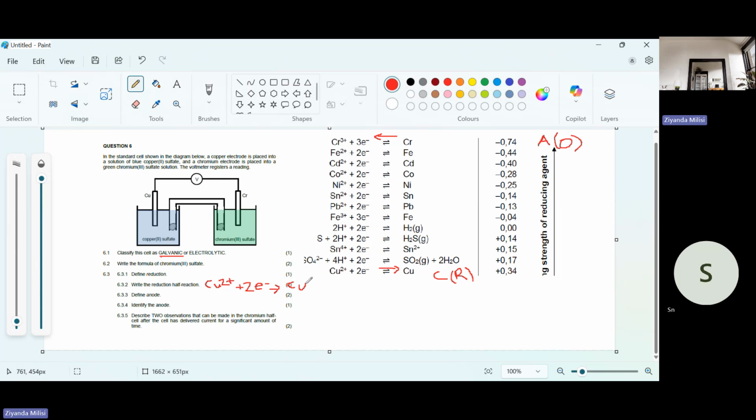Give yourself 2 marks if you wrote it like that. Define an anode. The electrode where oxidation takes place. Identify your anode. Your anode is Cr. Did you write it like that? Yes, your anode is Cr.